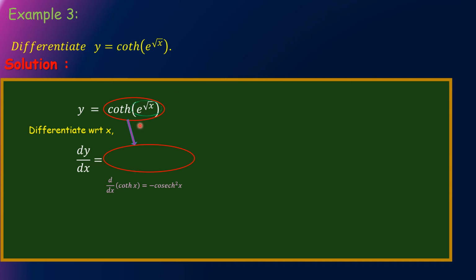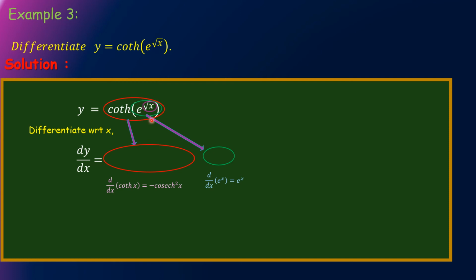And then we prepare the formula for when we differentiate e to the root x. We prepare the space. This is the formula for differentiating the exponential function.